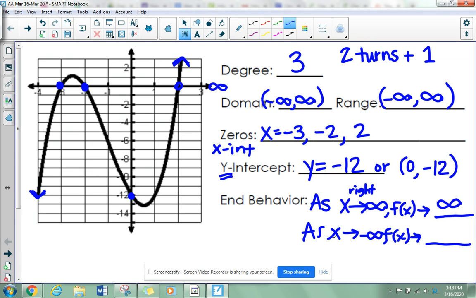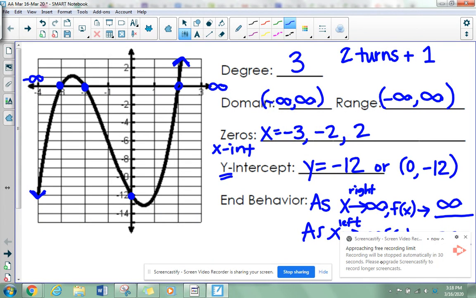When it says as x approaches negative infinity, x is going to negative infinity on the left. So I'd say, well, the left-hand side of this graph is pointing down. So I'd say the function is going to negative infinity when I look at the left-hand side of the graph. And so this is a quick example of how to identify various characteristics of a polynomial function from a graph.